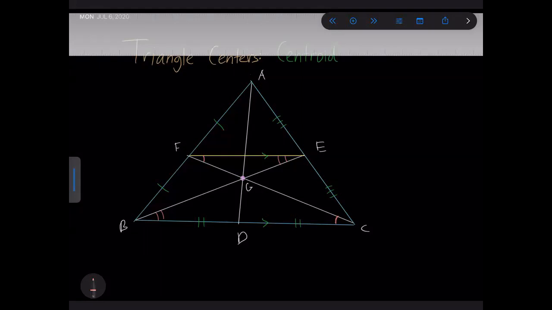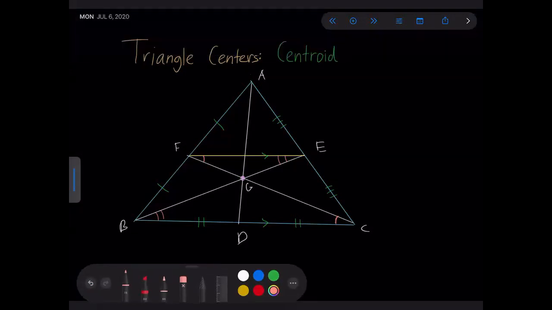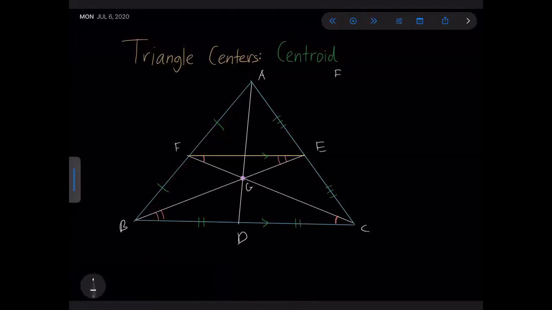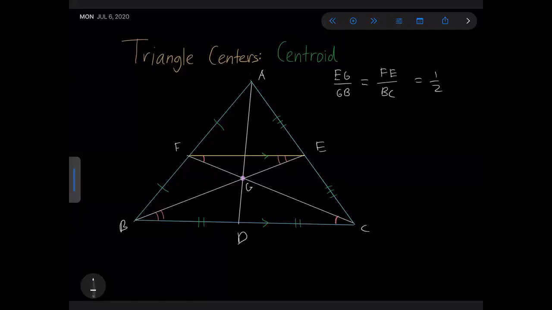Since they're similar, their sides are proportional. So this means that, let's use white, EG over GB is equal to FE over BC, which is equal to 1/2, because we proved that FE is half of BC.